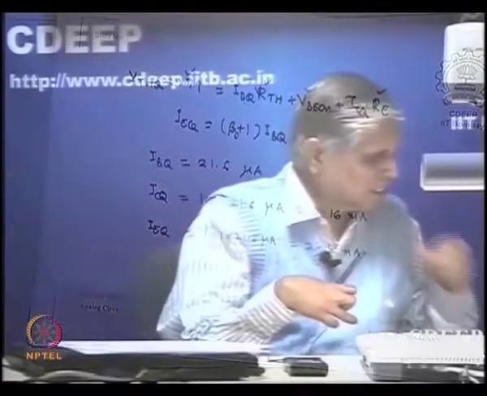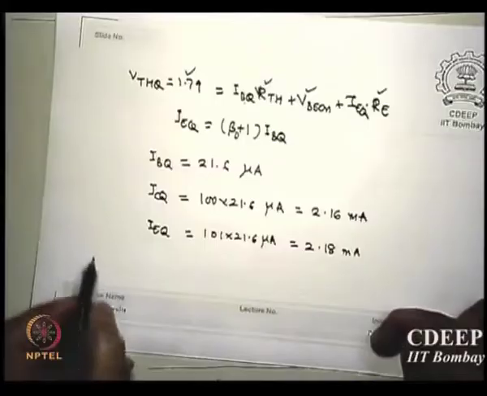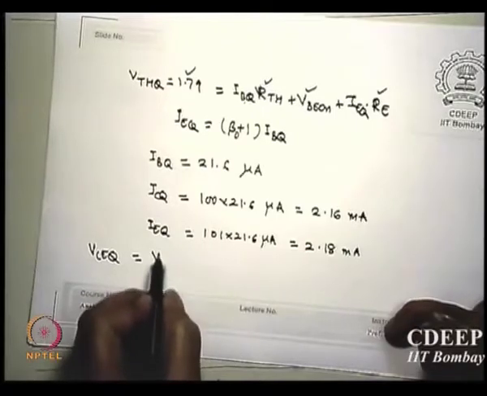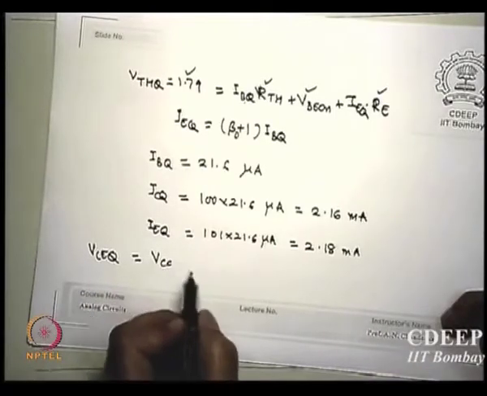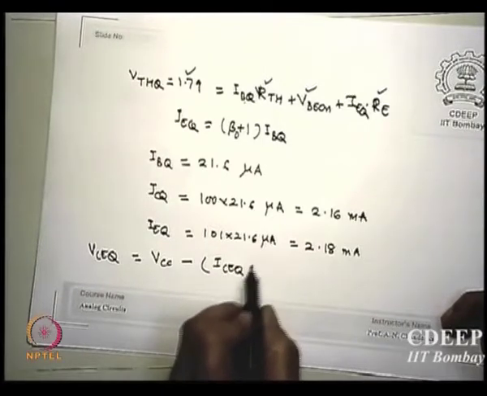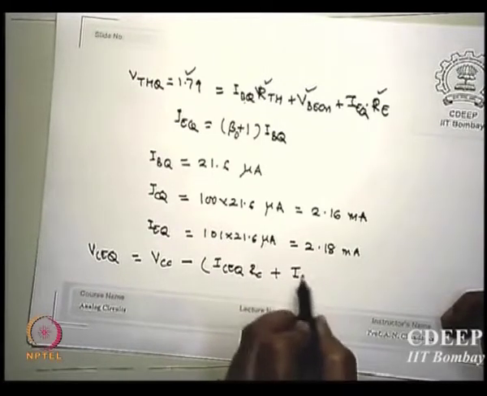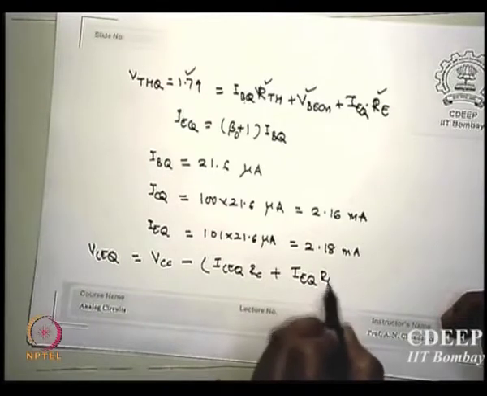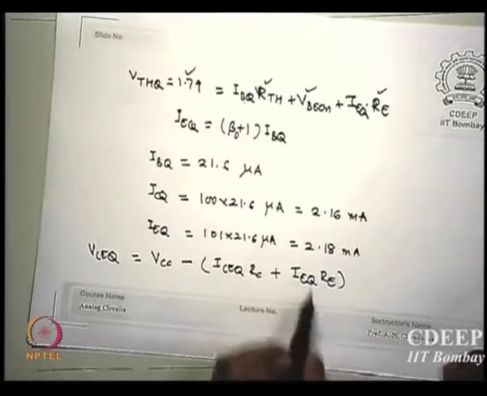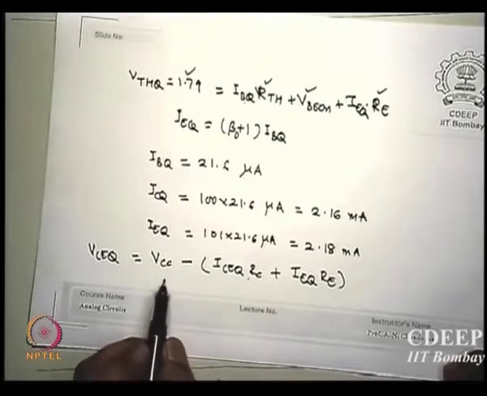Now let us calculate first the VCEQ. How much is VCEQ? Tell me the equation now. VCC minus ICQ into RC plus IEQ into RE. RE, IEQ, ICQ are evaluated, RE, RC are known, VCC is known.